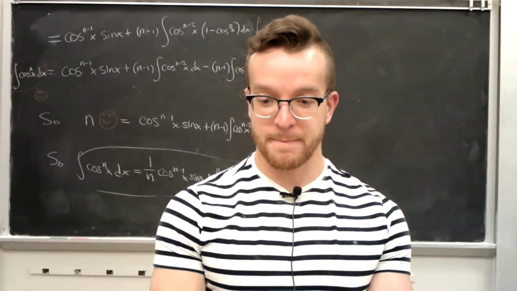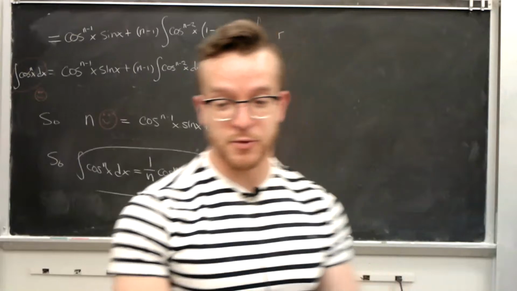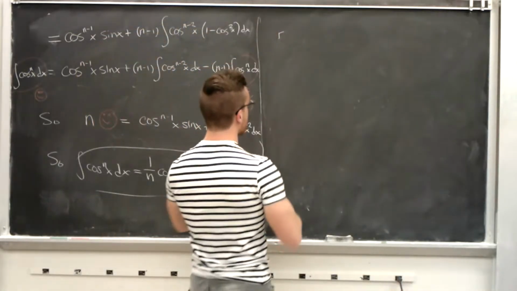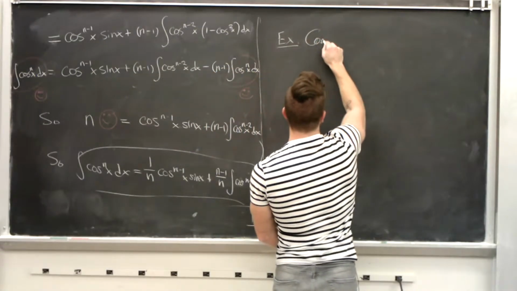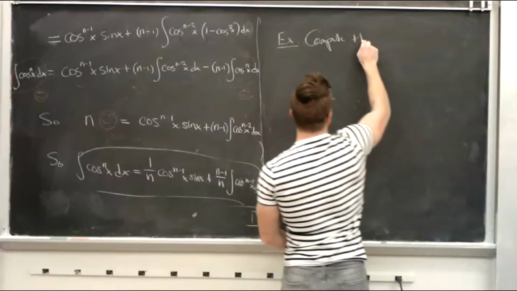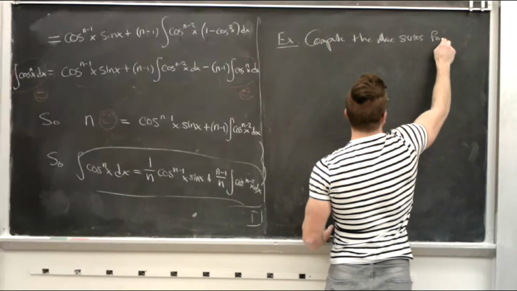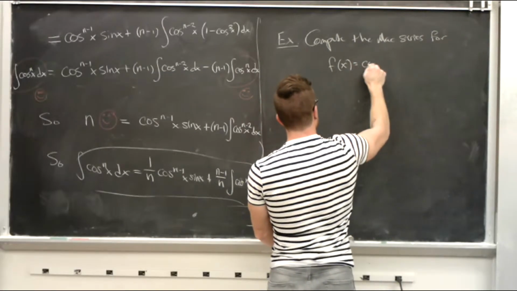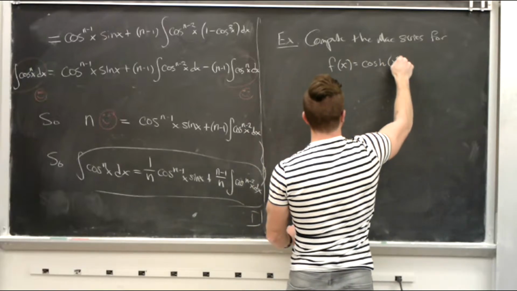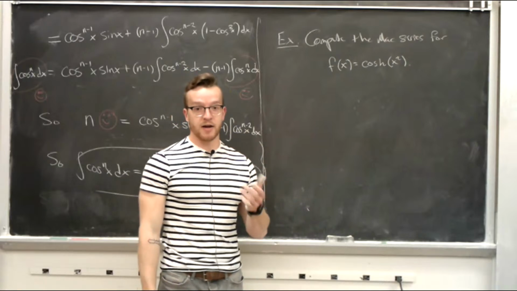No. Okay, so we'll just have to figure it out. So that's what I would do to figure out the Maclaurin series for cosh of x squared. First thing I would do is just compute the Maclaurin series for cosh of x.